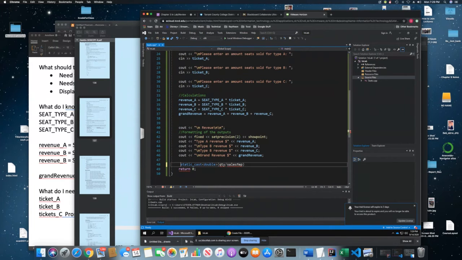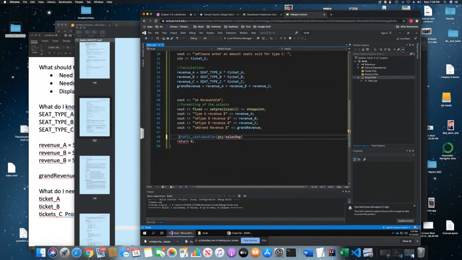Does that make sense? So you can only use a static cast on one variable. You can do it on both. You can static cast both if you want as two separate ones. But remember, you only need to do one because the other one will be automatically forced to the other data type.